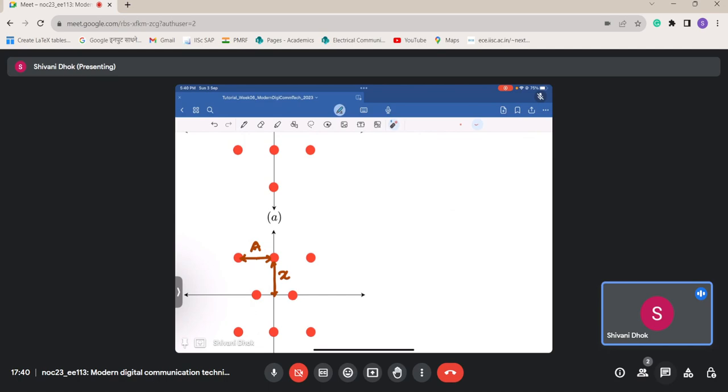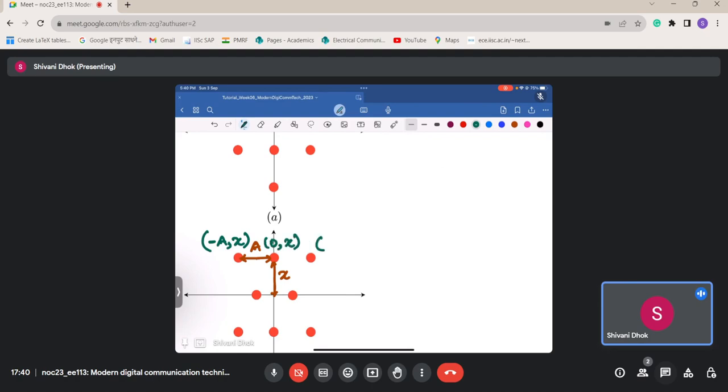Okay, so now let us write the coordinates of these. The coordinate of this point will be minus a comma x. The coordinate of this center point will be 0 comma x.